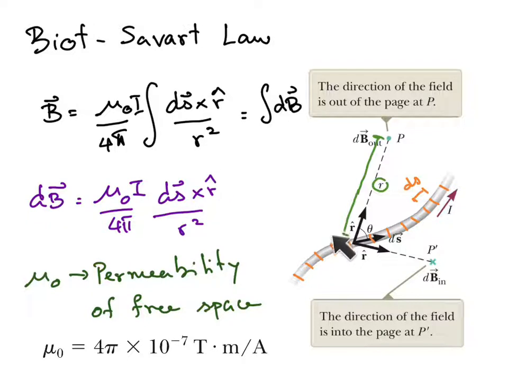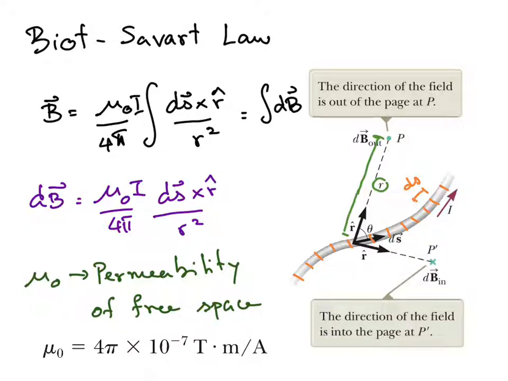Then we calculate the magnetic field from every segment, and we sum these magnetic fields at the point P from every segment to get the total magnetic field B. So the total magnetic field B is the summation of the magnetic field from every segment of the wire. Again, you can see that integral means nothing more than summation.